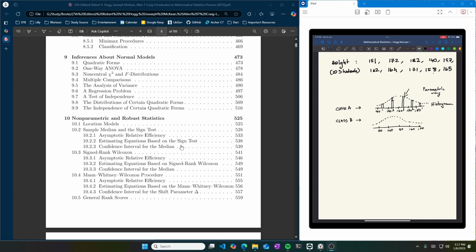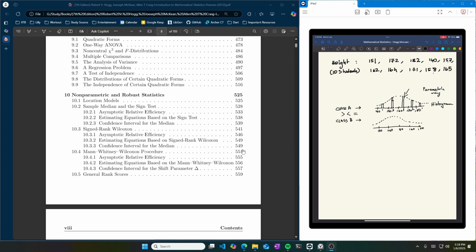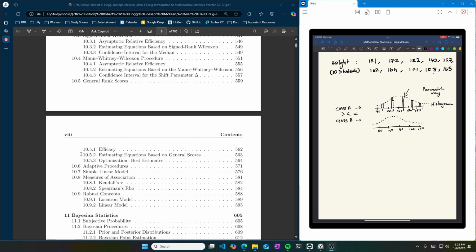We want to check if class A has a higher average weight than class B, or less than, or equal maybe, or the variance. A lot of things can be done. Okay, we'll look into them.